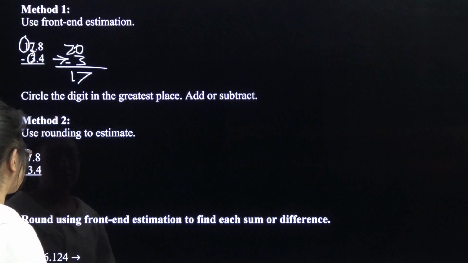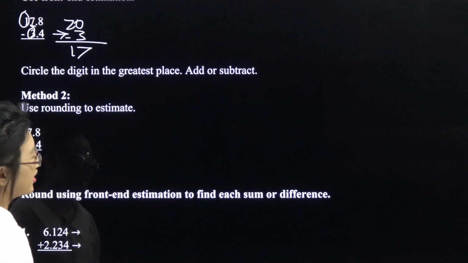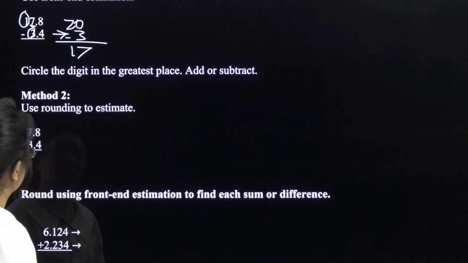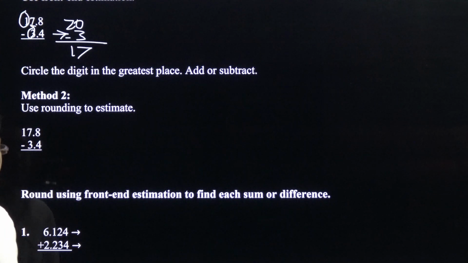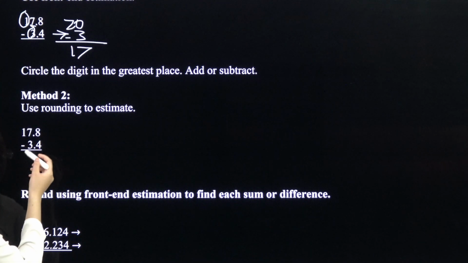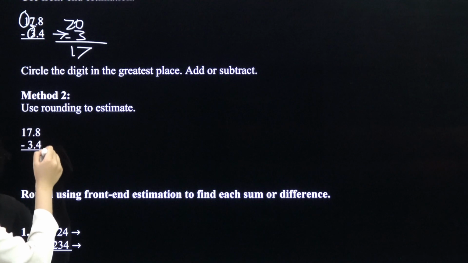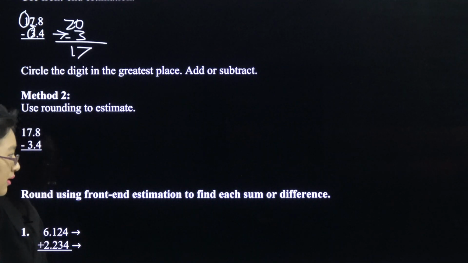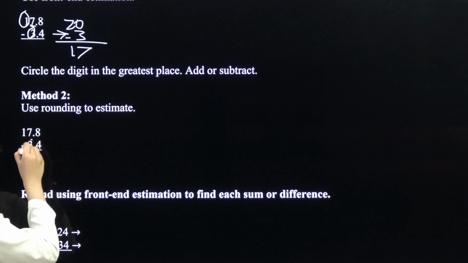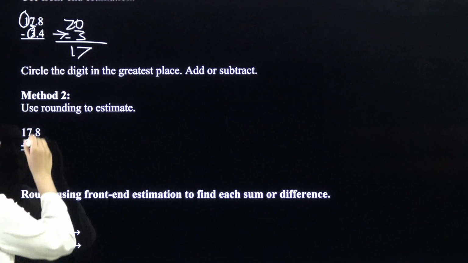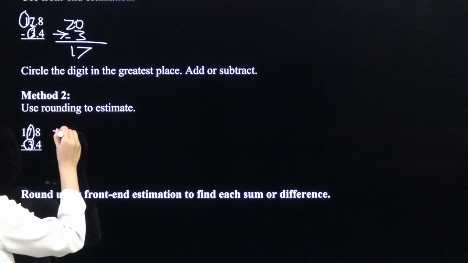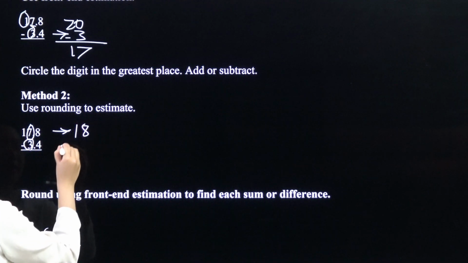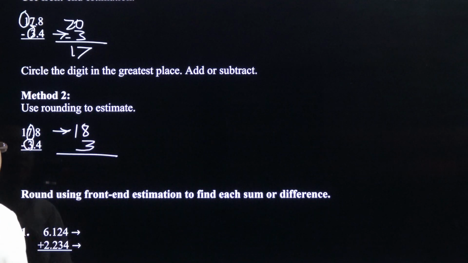But then there's the other estimation. Technically, they're both estimation or rounding. They're both a different type of rounding. This type of rounding goes for the leftmost digit of the smaller number. So the smaller number, the leftmost digit is the ones. So we're going to round everything to the ones. So here it's going to be rounded to 18, and here it's going to be rounded to 3.